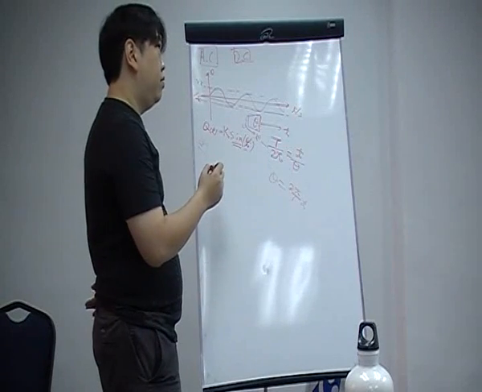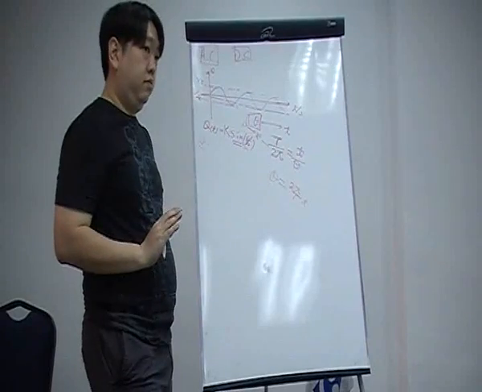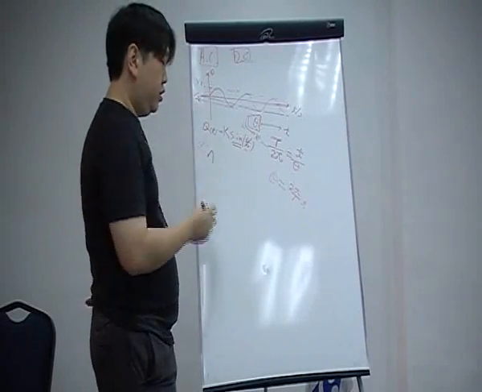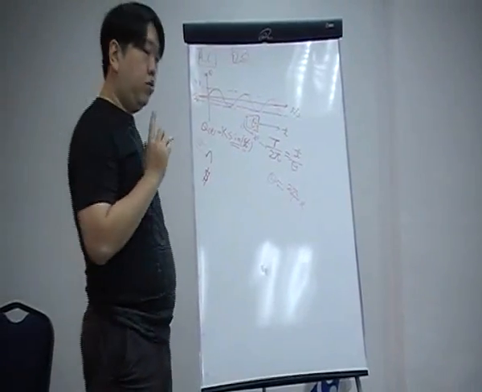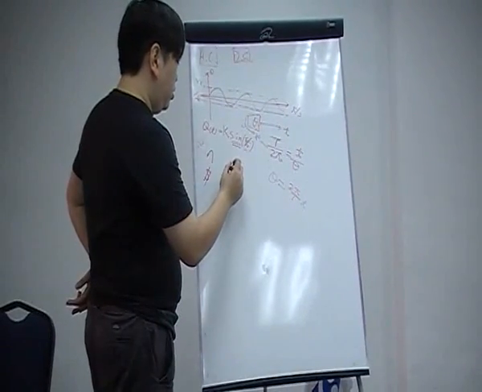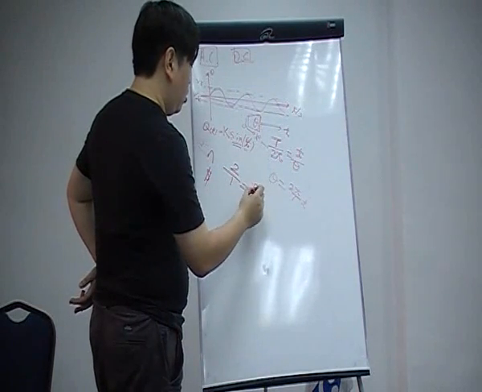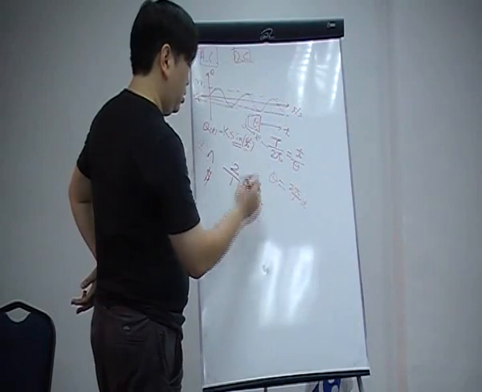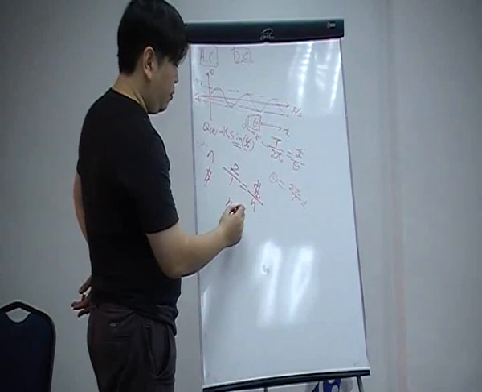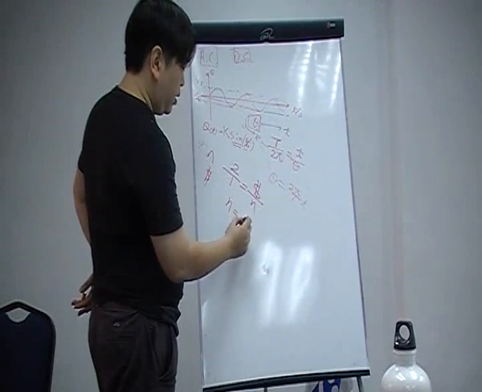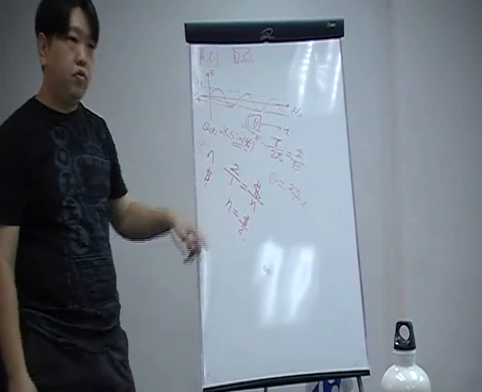For example, I say $2 per plate of chicken rice. So number of plates of chicken rice, and dollars. How to form equations? I say $2 for one plate of chicken rice. Therefore, if I have one plate of chicken rice, it is equal to $2, and $2 divided by 2 will give you one plate of chicken rice.